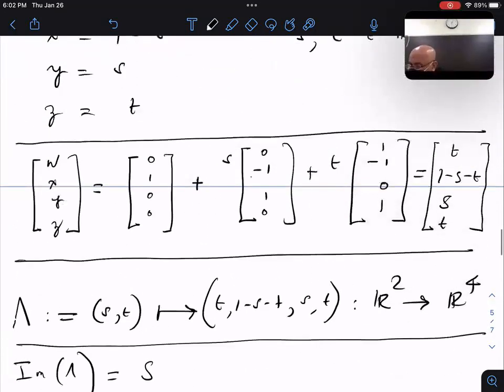The first description of the solution says that from the origin, go to the tip of the point 0, 1, 0, 0. And from that, take S steps along the vector 0, minus 1, 1, 0, and T steps along the vector 1, minus 1, 0, 1. That brings you to the point ST. So depending on the number of steps you take, you can go to any point in that flat.